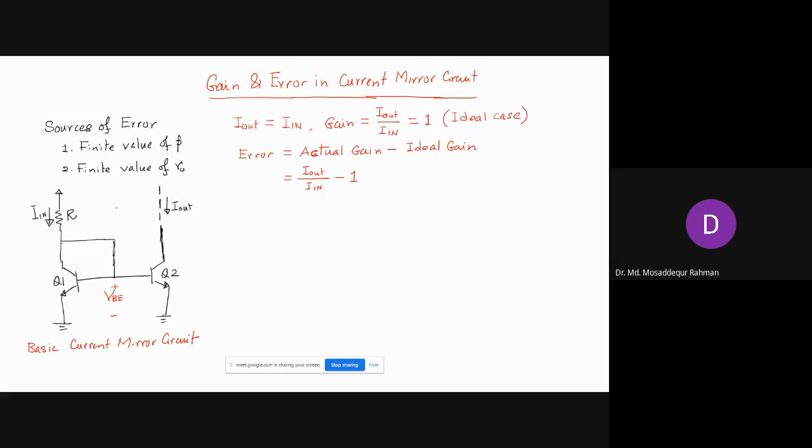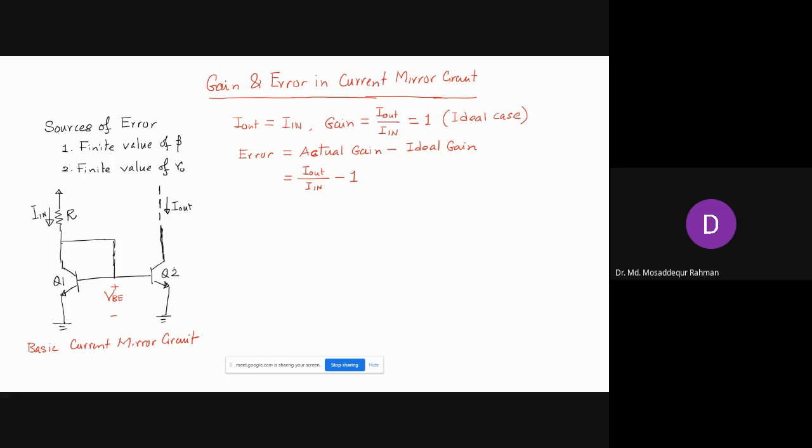And there are two sources of error that cause the I out output current to be different from the input current. Those two are the finite value of beta, the current gain, and the finite value of R naught, the output resistance of the transistor. Right? An ideal transistor should have infinite R naught.